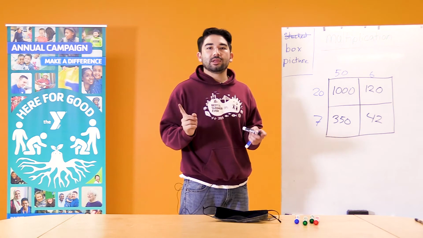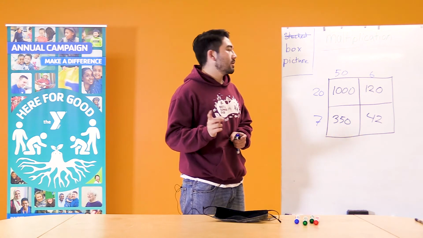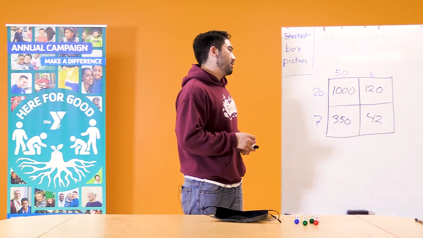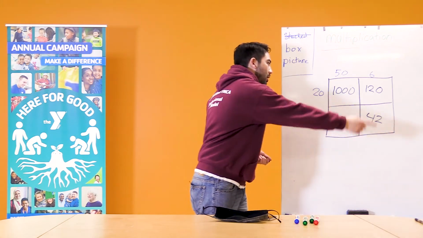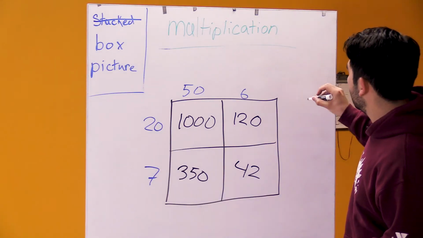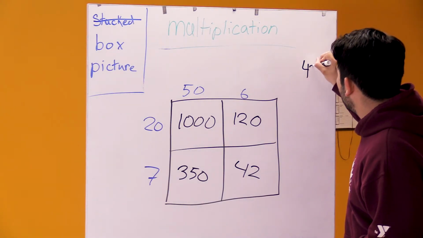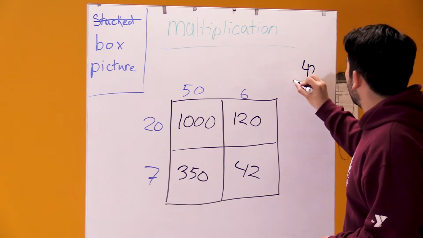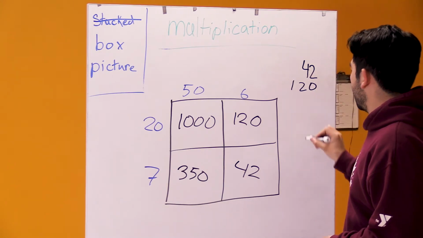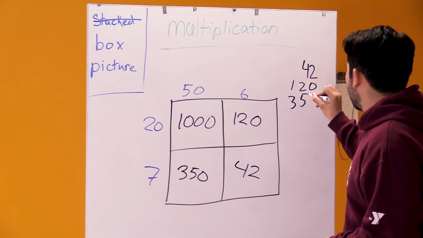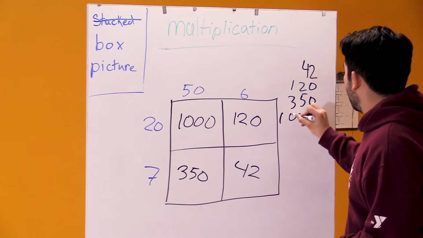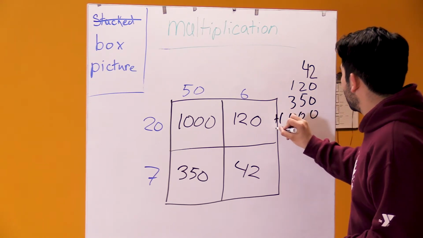So now that we've multiplied all of our parts and put them in our boxes, all we need to do now is add them all up. So let's go 42, 120, 350, and 1,000.